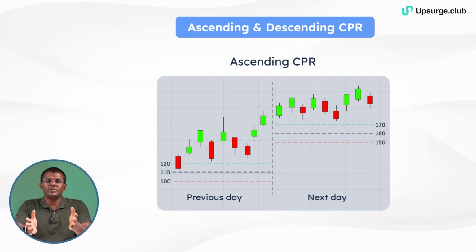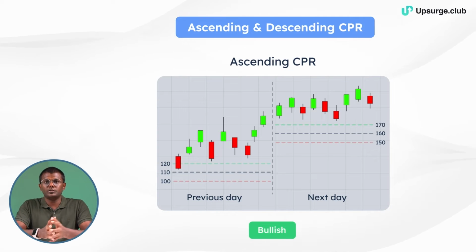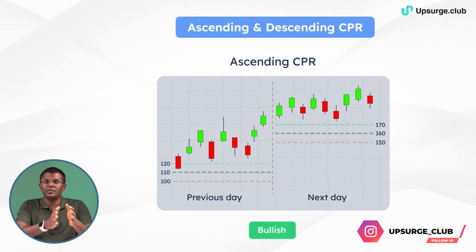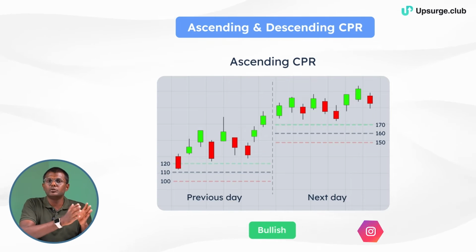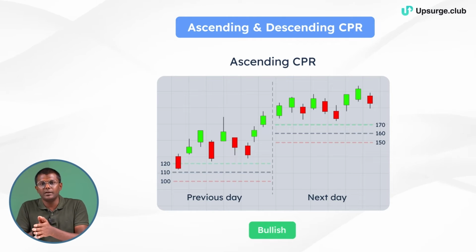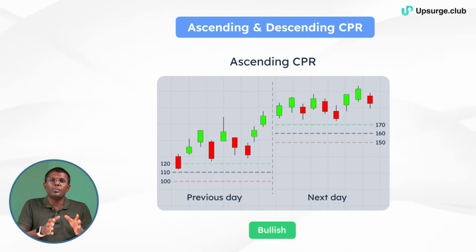Now on an ascending CPR day, we can expect the market to be bullish. For a bullish market to happen on an ascending CPR day, the candles should open and trade only above the daily CPR. Only then would the ascending CPR be valid. If the candles are opening below the daily CPR, then it is not at all an ascending CPR.